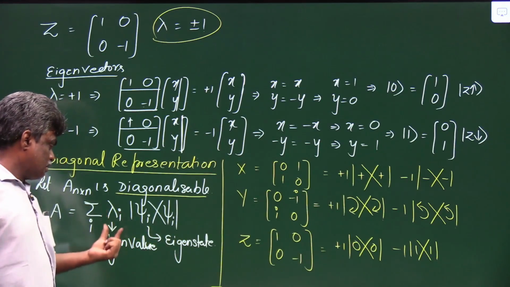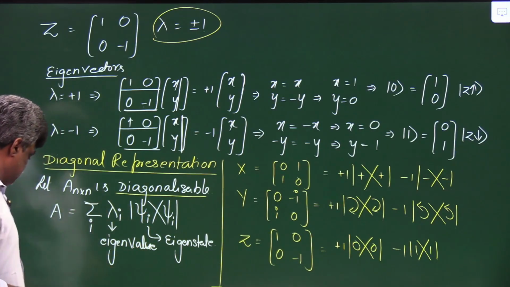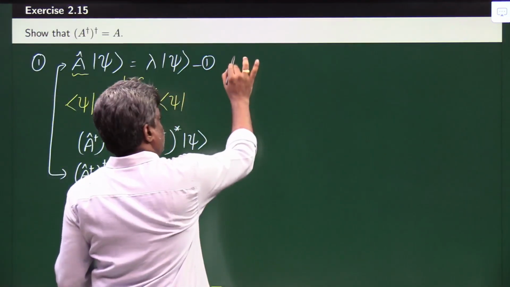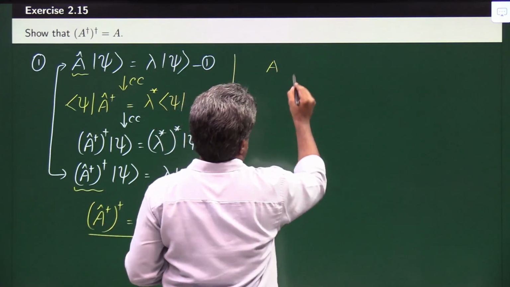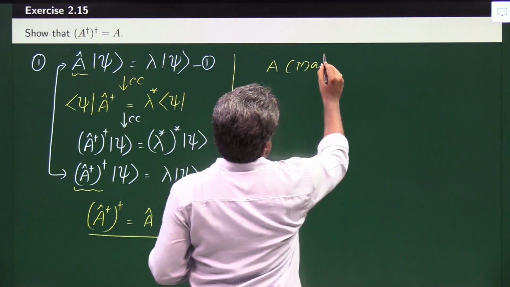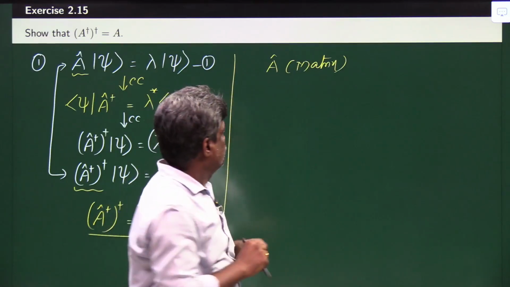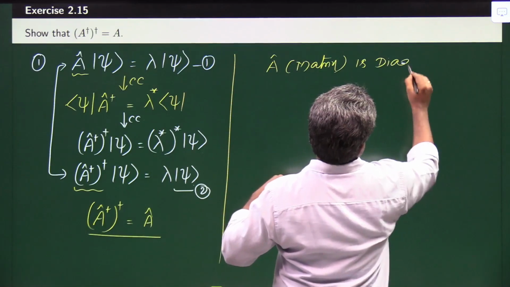And the coefficients are nothing but the corresponding eigenvalues. I'm using this. So now let us suppose our operator A, the corresponding matrix, because every operator is represented by a square matrix, is diagonalizable.